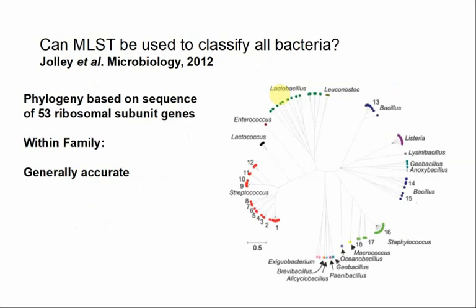Here's a paper where they got different bacterial strains from the class Bacilli of the phylum Firmicutes, which are the low GC gram-positive bacteria, and did the same thing, sequenced the 53 ribosomal protein genes from all these different bacteria and used neighbor joining or whatever to classify them.